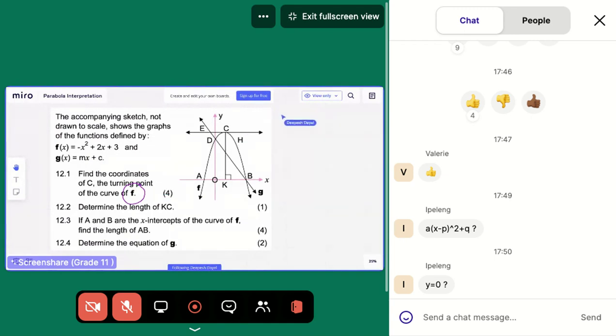So I'm going to call this question 1. It's x equals minus b over 2a. So we use this equation to find the turning point. x equals minus b over 2a. How many of you have seen this equation before?